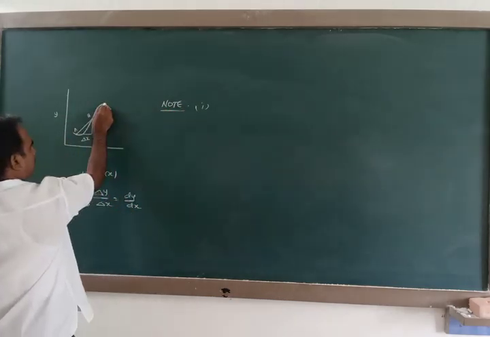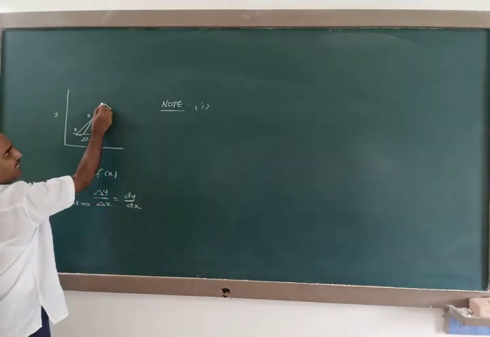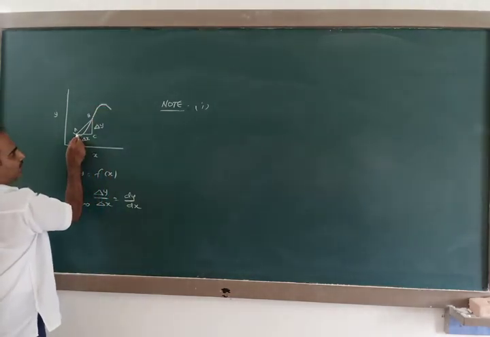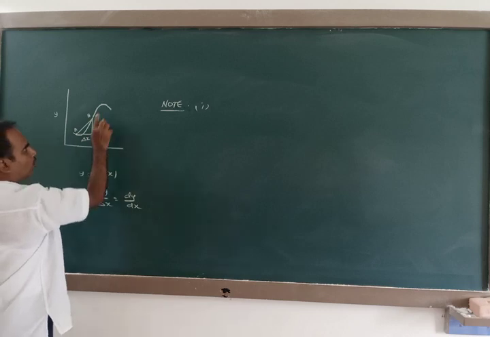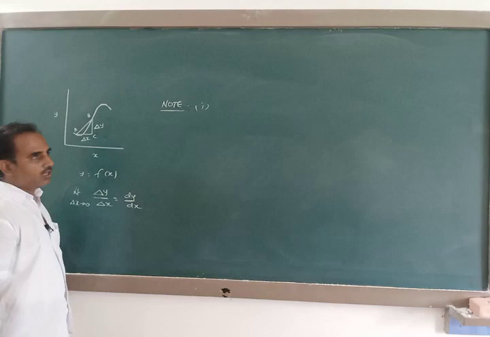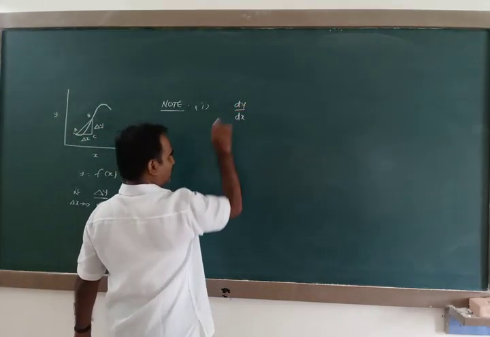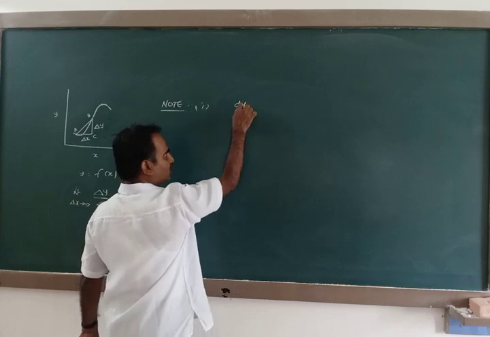at this maximum or at this minimum, that means here or here, though x changes, there is no change in y. That means dy by dx, though x changes, there is no change in y.